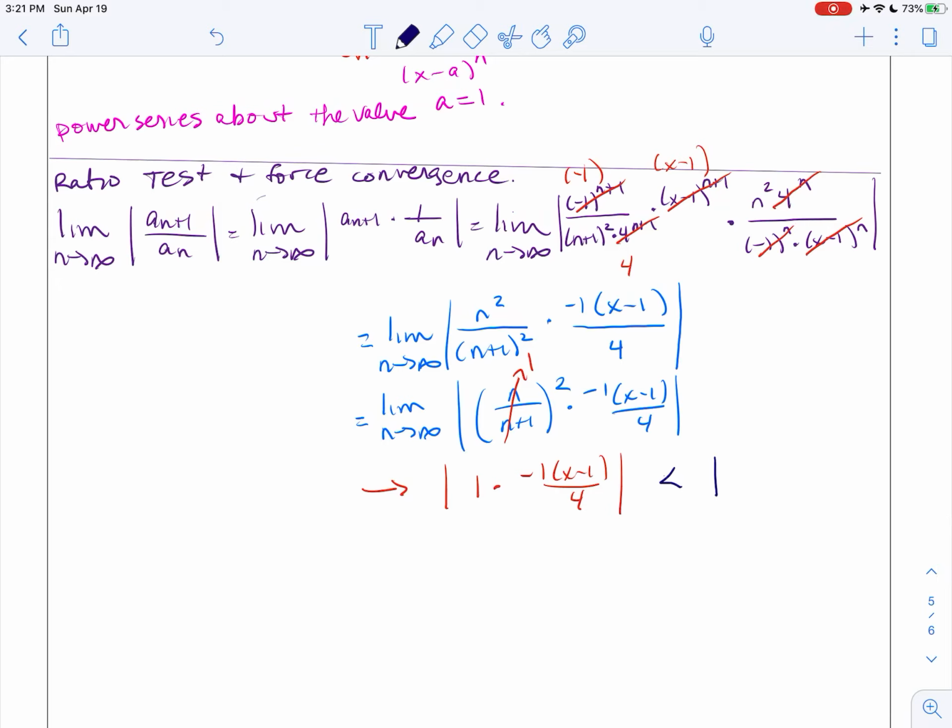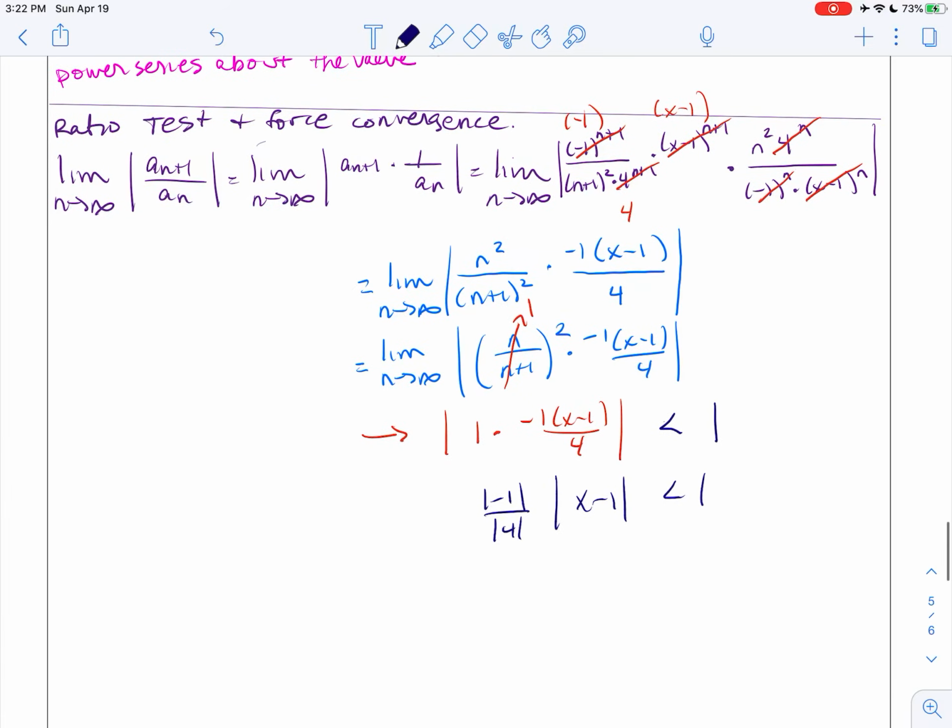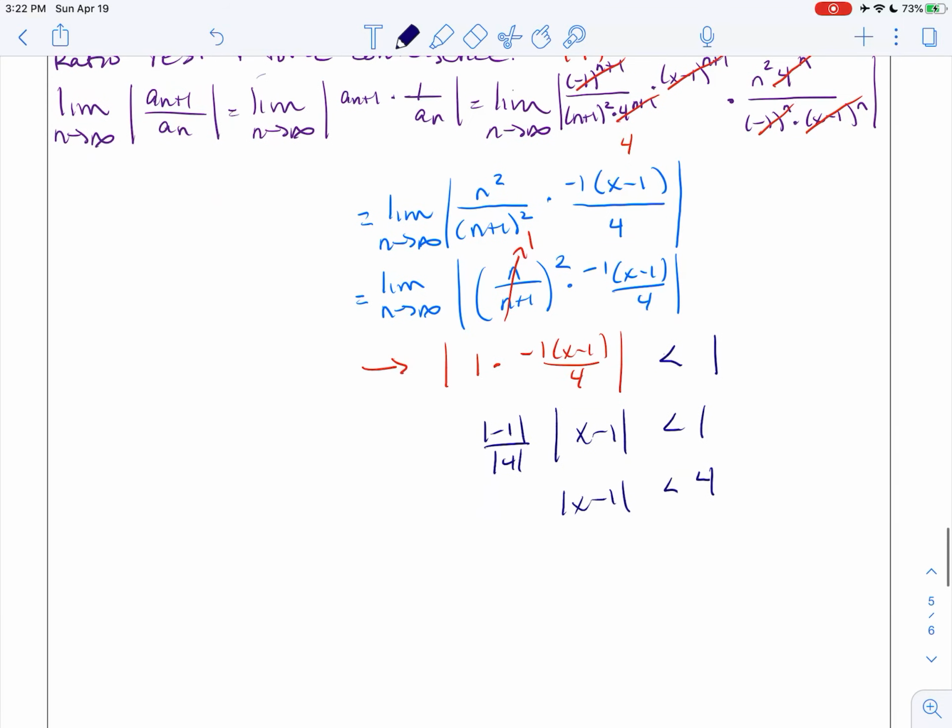I can see with my minus 1, I do know that I can factor out that minus 1. And I can say that this is over absolute value of 4 times x minus 1 less than 1. And if I were to solve for the x minus 1, I get that the absolute value of x minus 1 is less than 1 times 4, which is 4.